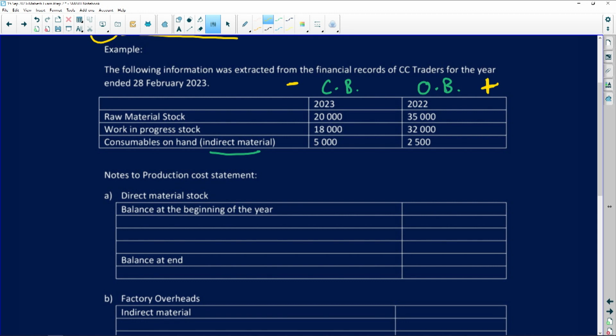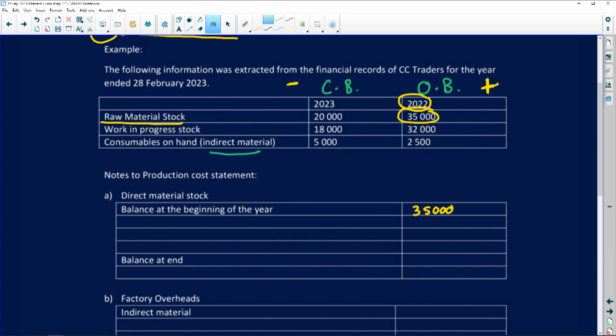So balance at the beginning of the year. Raw material stock, balance at the beginning of the year, 2022, 35,000. So 35,000 is my balance at the beginning of the year, and as you can see, it's positive. I'm not using brackets.